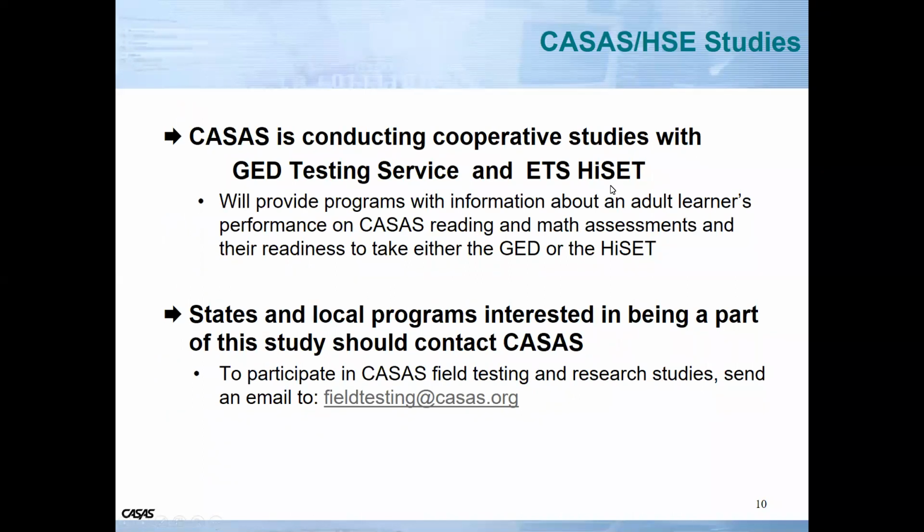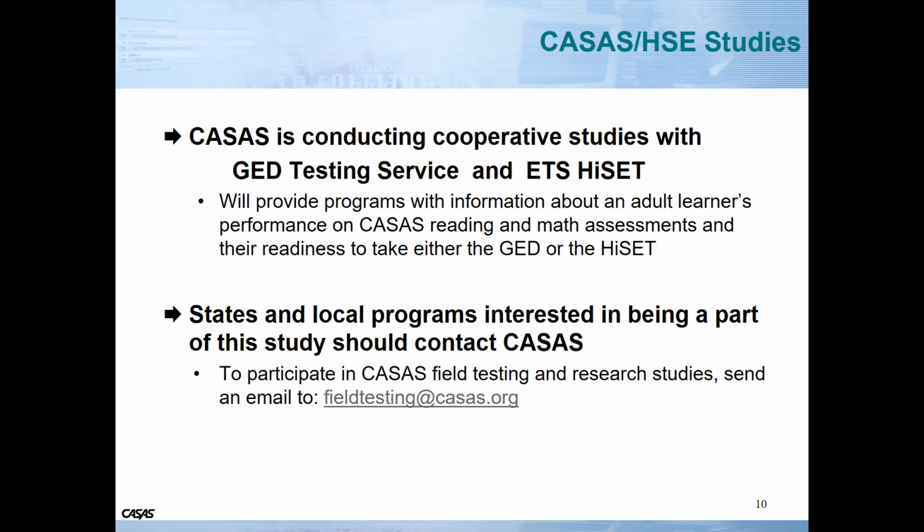To give you an idea of at what CASAS scale score a student is likely to be able to pass these high school equivalency HSE tests, we need your help to include students and report the scores to us, students who are just about to take either the GED or the HiSET in reading or math or both, and who have just taken a CASAS test or could take it right after that.